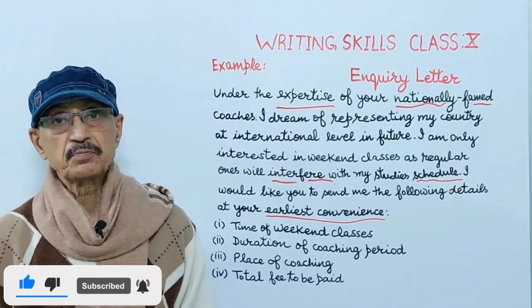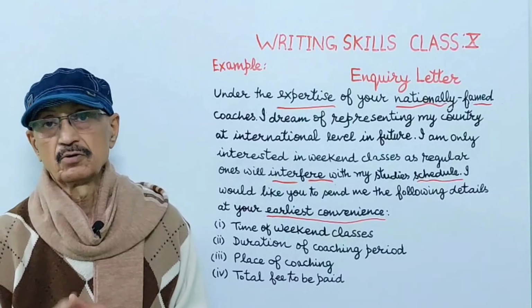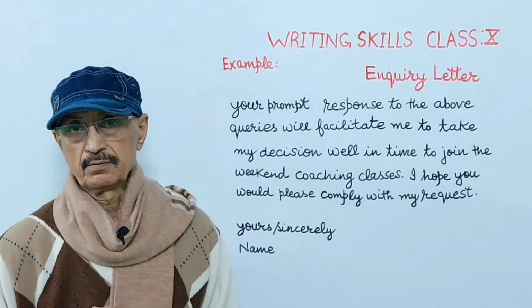At the end of the second para, you will write the details which you want to know from the recipient. In this way, you will write the second para also. When the second para is complete, you will leave one line blank. Then you will start writing the third para.